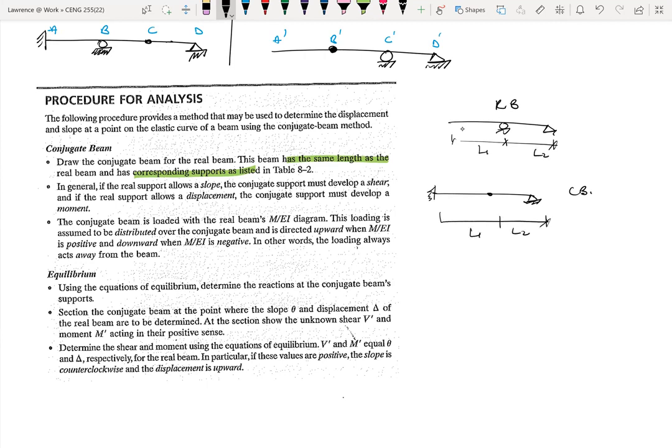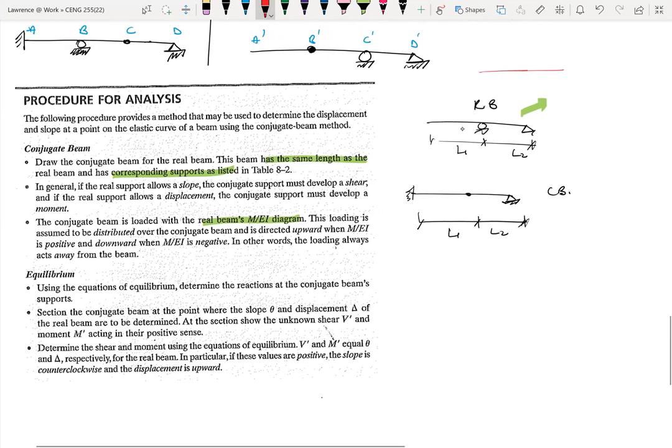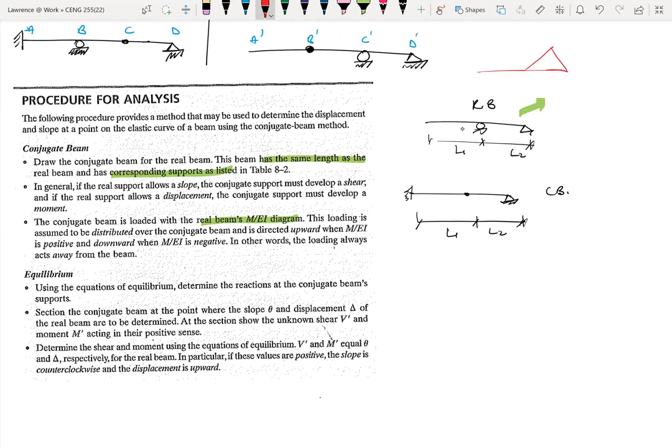real beam, the next thing to do is to load the conjugate beam with the real beam's M over EI diagram. So when you find the bending moment diagram, depending on how the loading is, if this gives you maybe this bending moment diagram, maybe something like this, okay, this is a bending moment diagram, for example.